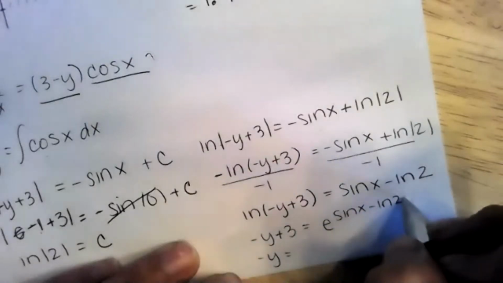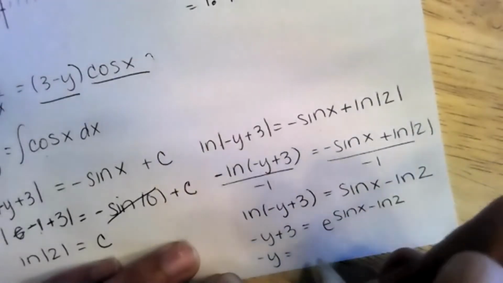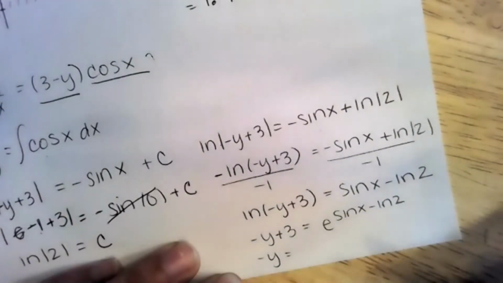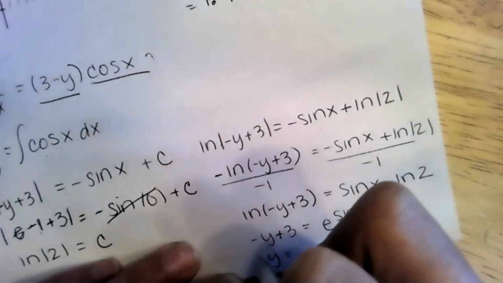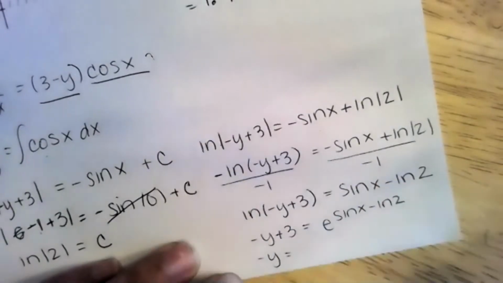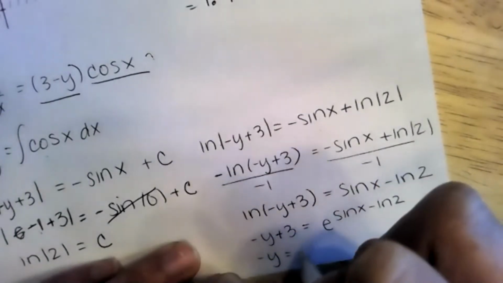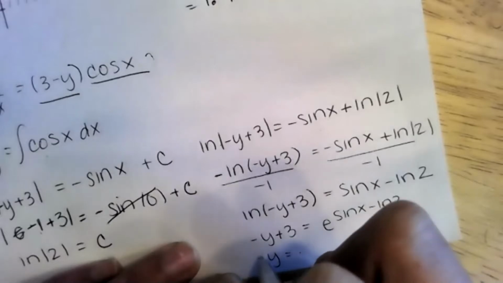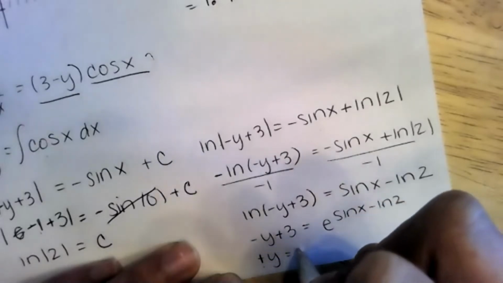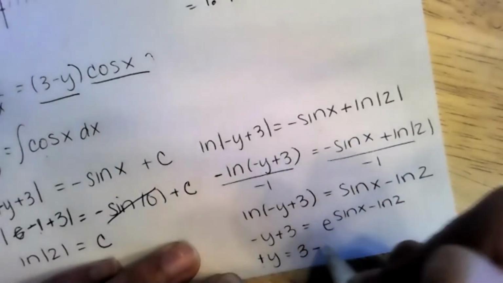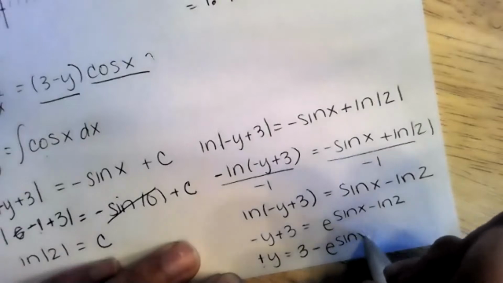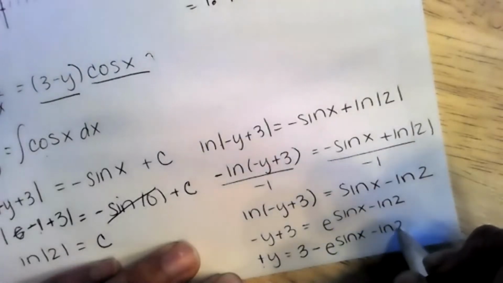You can bring that down if you want, or you can leave it up. It doesn't really matter. We're going to change our signs one more time. So when we subtract, we get negative 3, but we have to get rid of that negative on y. So it's going to become positive 3 minus e to the sine x minus ln 2.